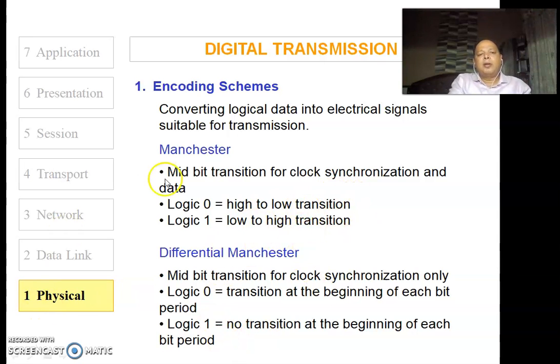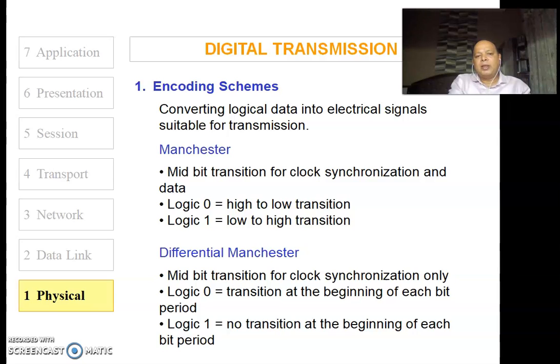The details of Manchester or differential Manchester, we have already seen in the paper under digital communication. If you use Manchester, then there is a transition at mid-bit for clock synchronization. That means logic 0 is a high to low transition, while logic 1 is a low to high transition.